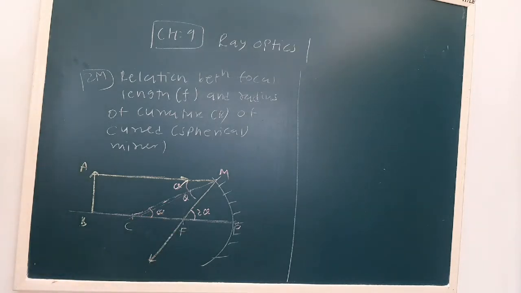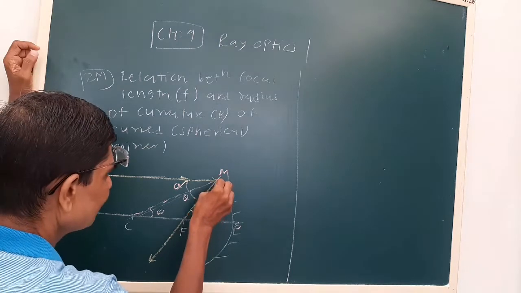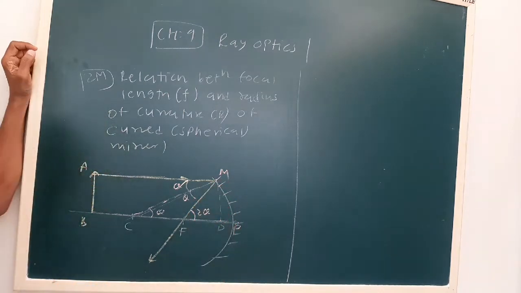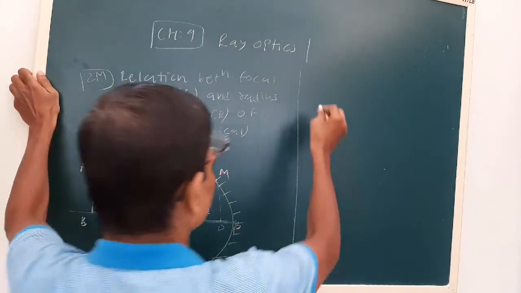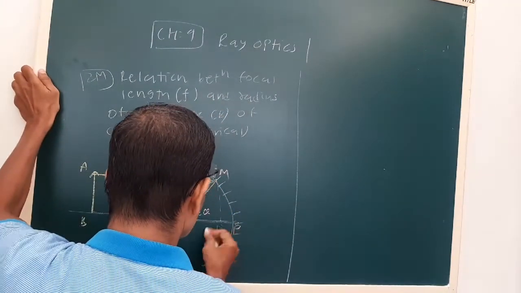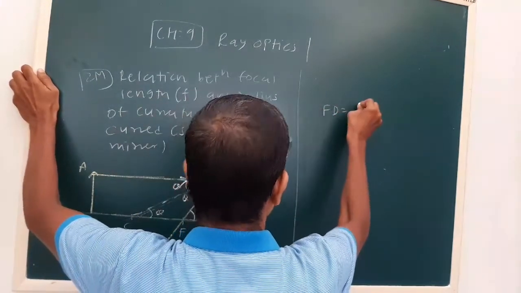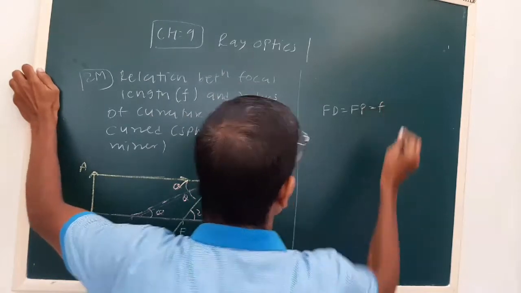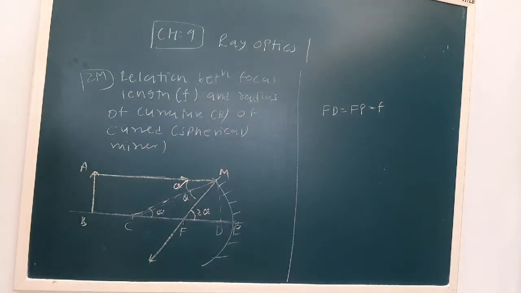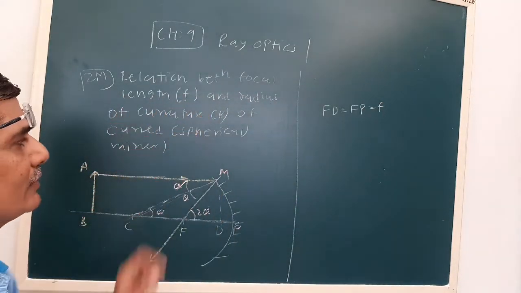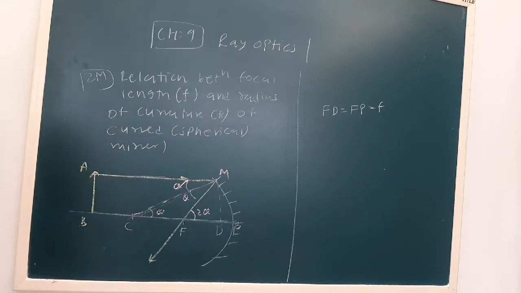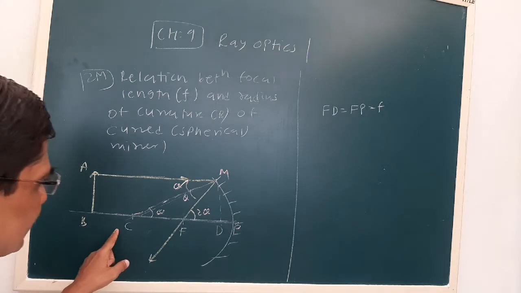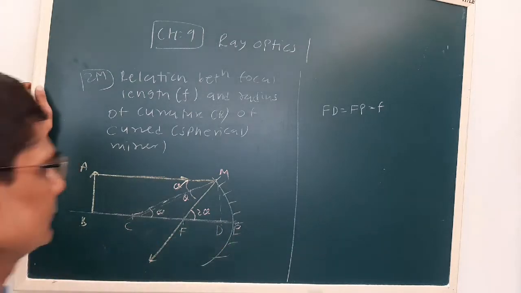Now here we drop a perpendicular D. We assume that FD and FP are the same. Now here we have to derive the relation between radius of curvature and focal length. Consider triangle CMP.